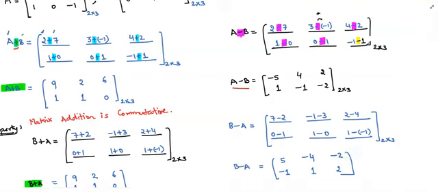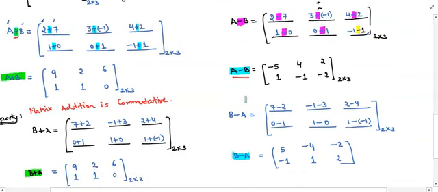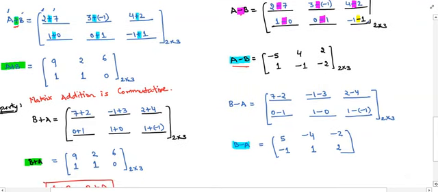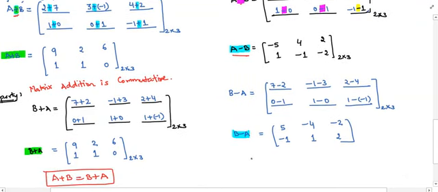If you look carefully at these two matrices A minus B and B minus A, here the number is minus 5, here you have plus 5. Here you have plus 4, you have minus 4, and so on. So what you observe here is a change in the sign. In this case, A minus B is not equal to B minus A. Instead, we have A minus B equal to negative of B minus A, which is true even for two real numbers.